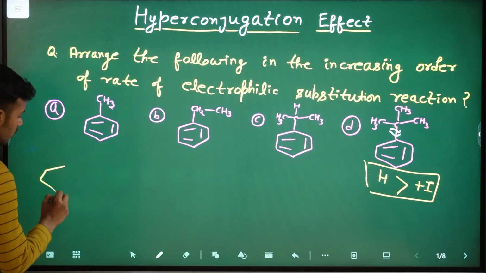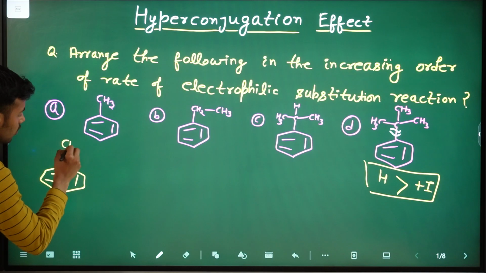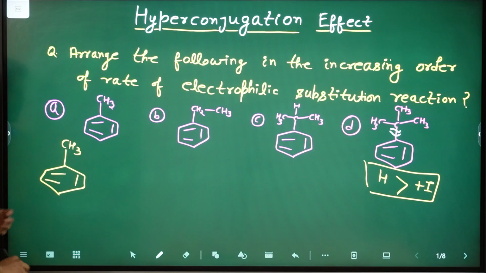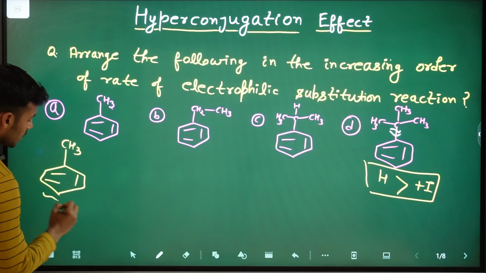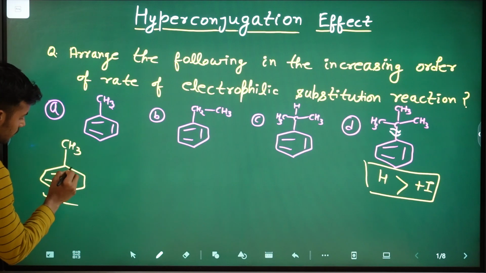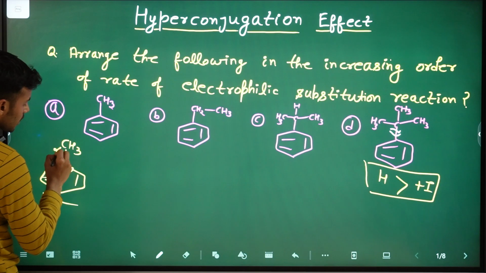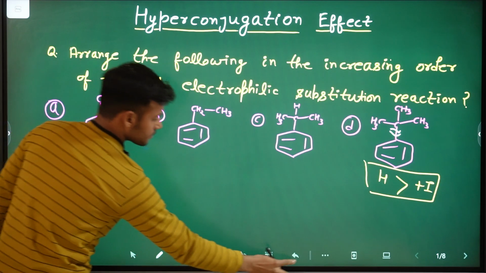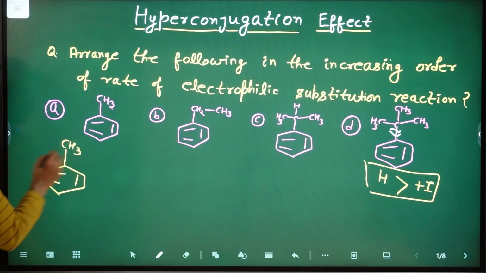Just take any kind of aromatic system, and see how the hyperconjugation affects this aromatic ring. So this is the functional group. So this is alpha carbon. So this is alpha carbon.